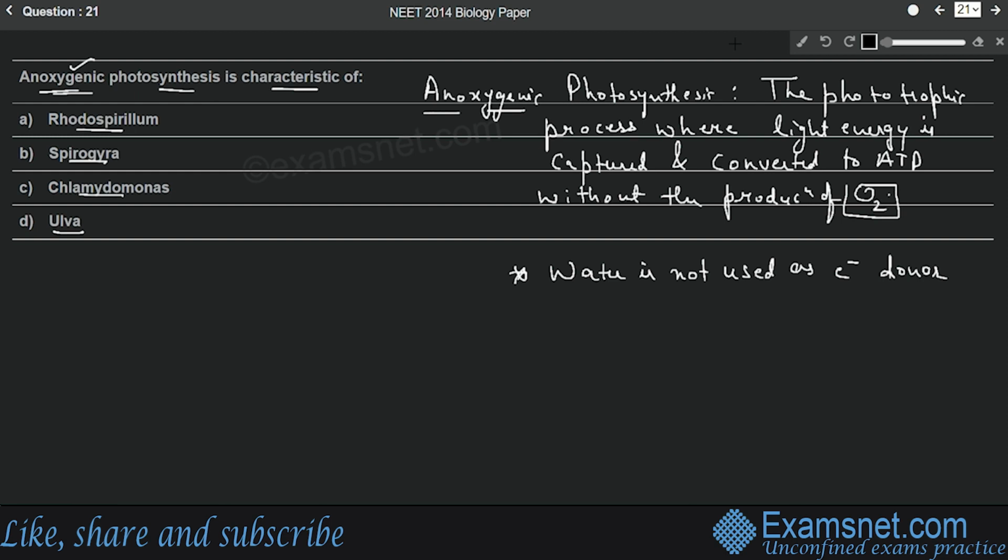So out of the given options, in case of Rhodospirillum, the electron donor is an organic compound, not water. Therefore, what type of photosynthesis takes place? Anoxygenic photosynthesis. Option number A will be the correct answer.